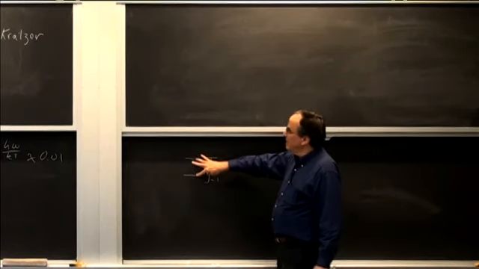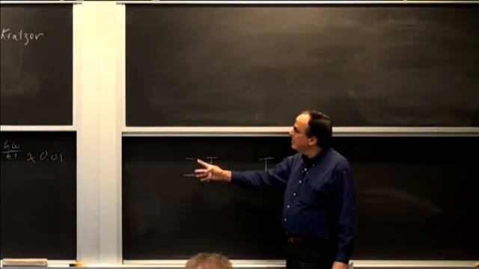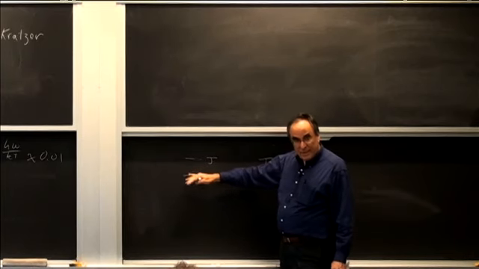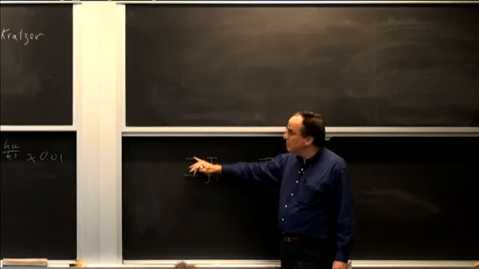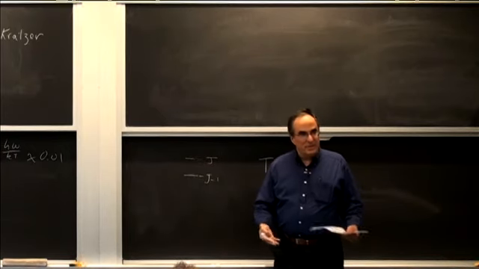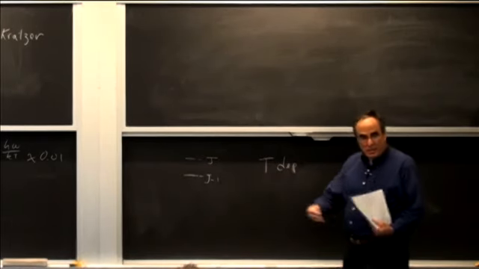Okay, so what does temperature do? Well, one thing it does is it says the fraction of the molecules in the sample that are in J equals J or J minus 1 decreases as the temperature goes up because the rotational partition function increases.